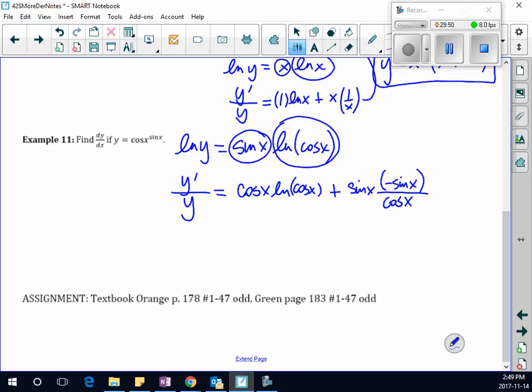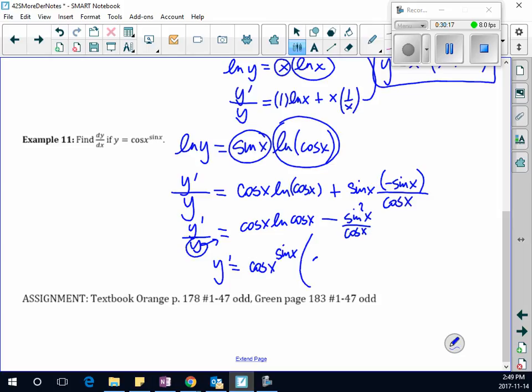Yes? So then y prime over y equals cos x ln cos x minus sine squared x over cos x. I'm going to cross multiply that over. So y prime is going to be cos x to the power sine x, bracket cos x ln cos x minus sine squared x over cos x.